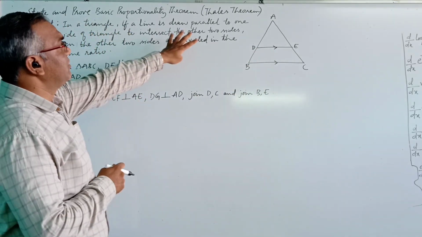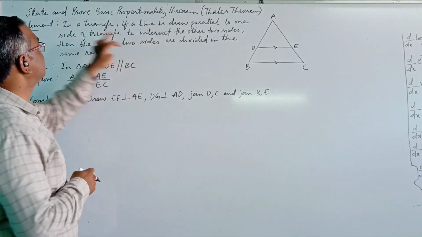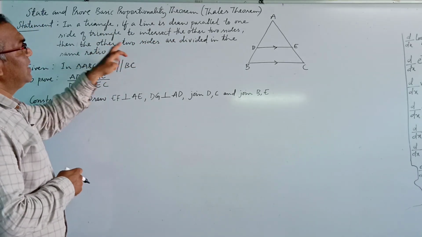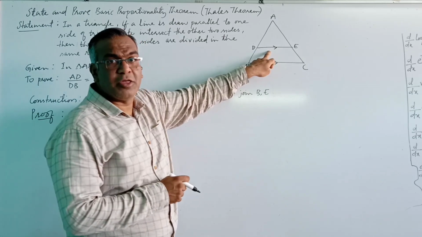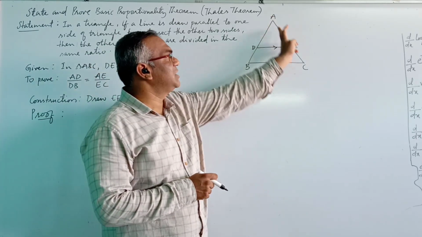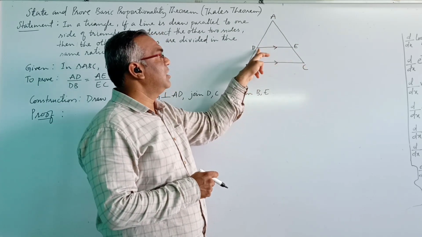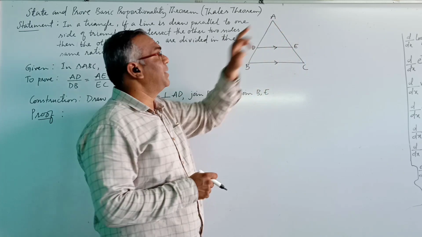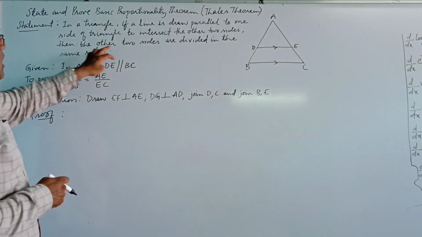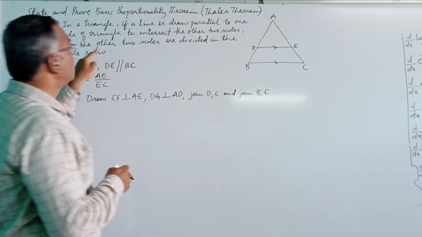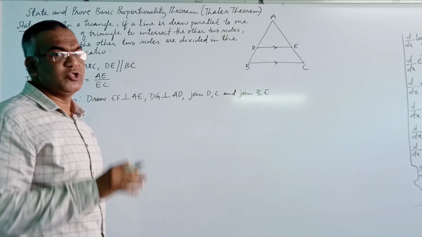This is given, right? If a line is drawn parallel to one side of the triangle to intersect the other two sides, and this line which is parallel to BC is intersecting the other two sides of the triangle, AB and AC, at two distinct points D and E, then the other two sides are divided proportionally, in the same ratio.